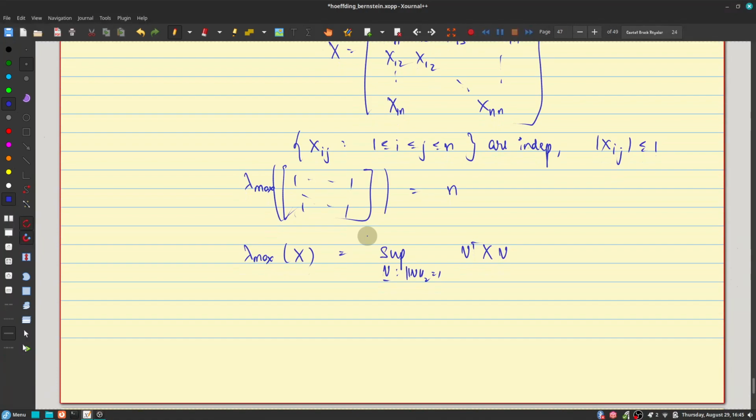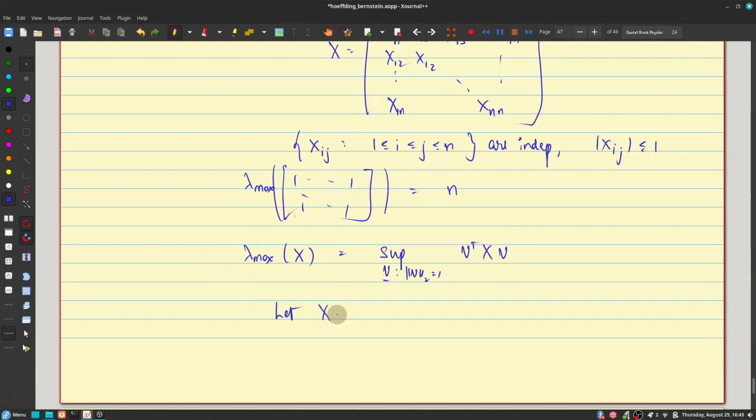Okay, is this okay so far? Fine. So this is the largest eigenvalue of this particular matrix. I somehow want to use the Efron-Stein inequality in order to derive an upper bound on the variance of the largest eigenvalue. So in order to do this, let's say I do the following. X is a random matrix.